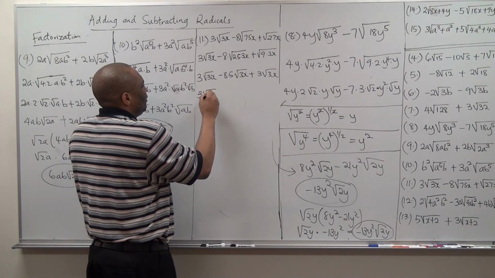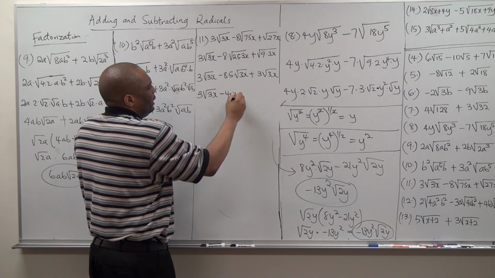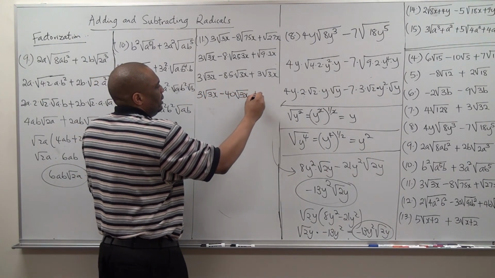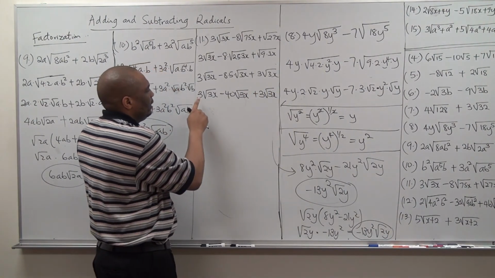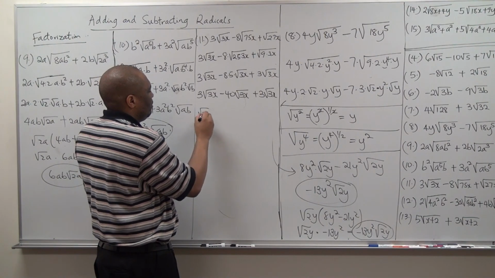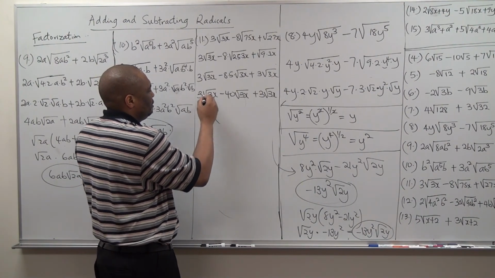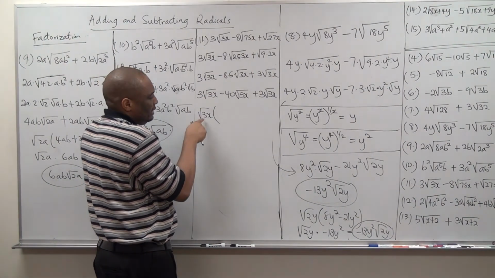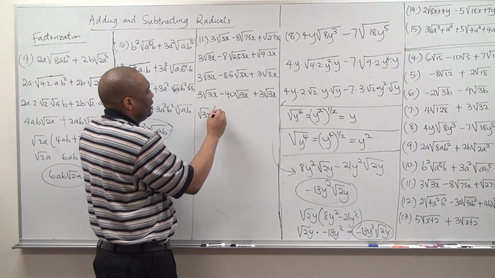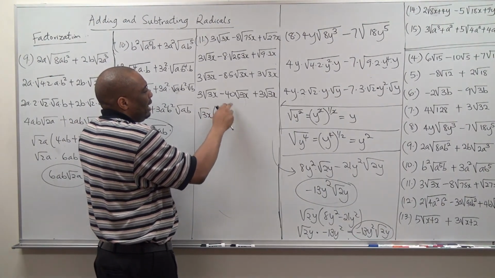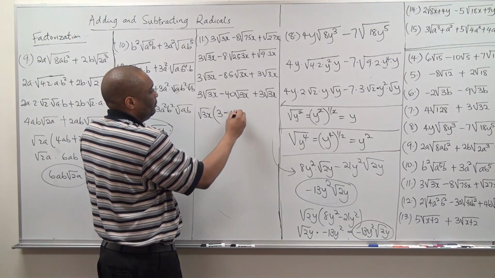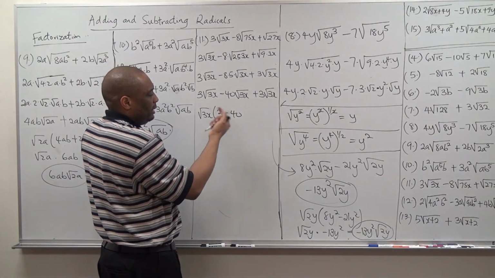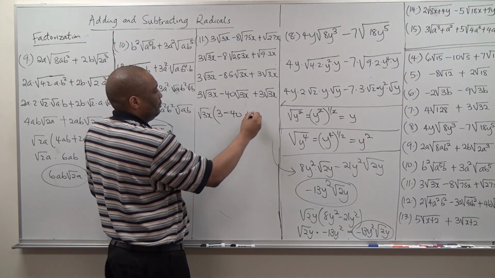That is 3 square root of 3x minus 40 square root of 3x plus 3 square root of 3x, right? Now, of course, square root of 3x is common. You factorize as usual. 3 square root of 3x divided by square root of 3x is 3. Minus 40 square root of 3x divided by square root of 3x is minus 40. 3 square root of 3x divided by square root of 3x is 3.